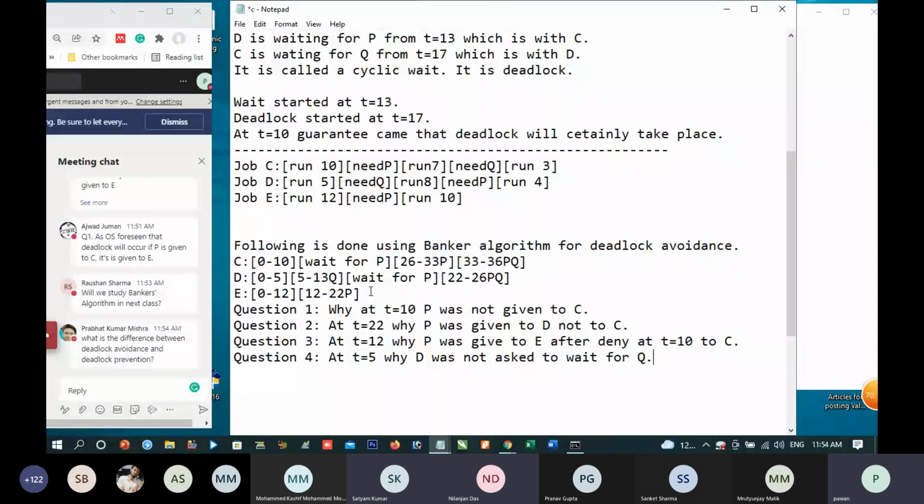In deadlock prevention, we may not allot a resource to a job even if it would not have given deadlock in future. So deadlock prevention is inefficient, but deadlock avoidance is efficient. But deadlock avoidance requires future seeing and heavy computation. Is this correct? Yes.